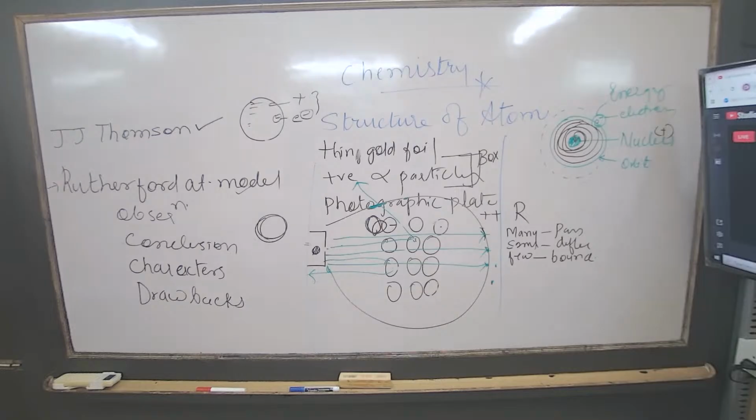And if the atom is collapsing, is it possible to form a molecule? Is it possible to form a compound? No. Can we have any metal? If that electron falls on the nucleus, no. Can we have any atom? No. Matter? No. Is it possible that this earth will exist?